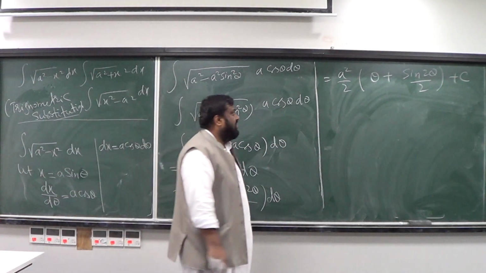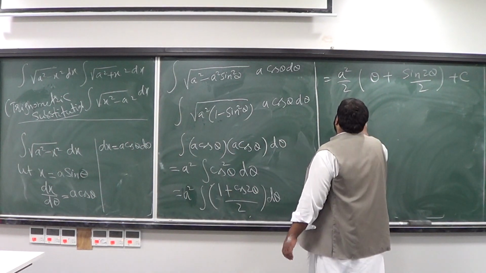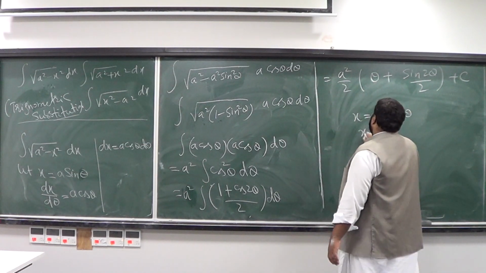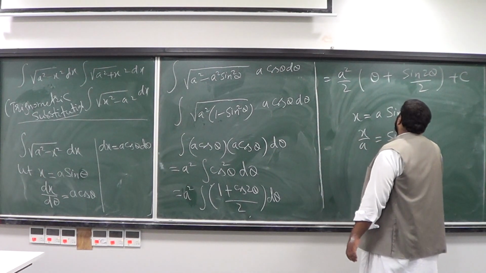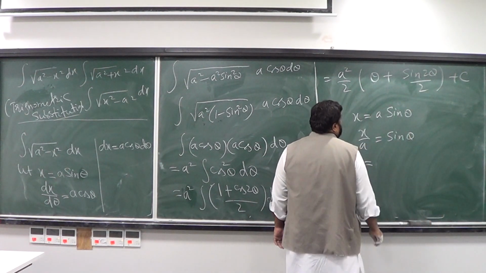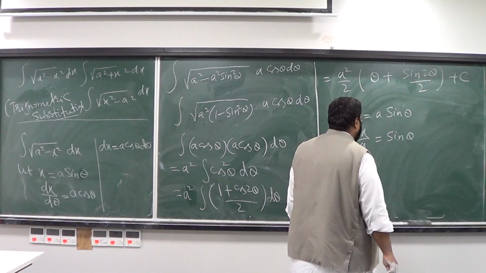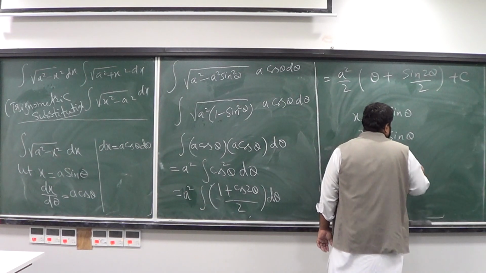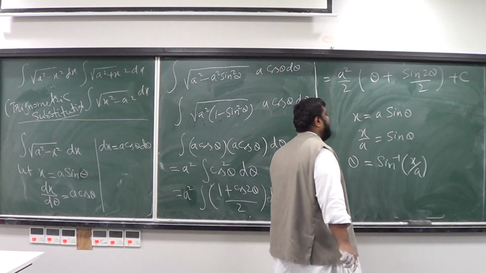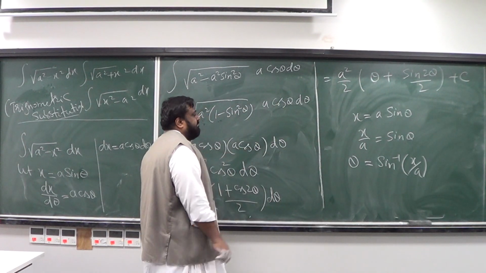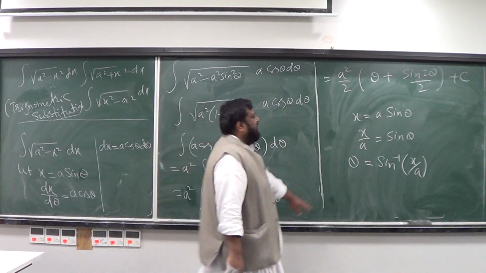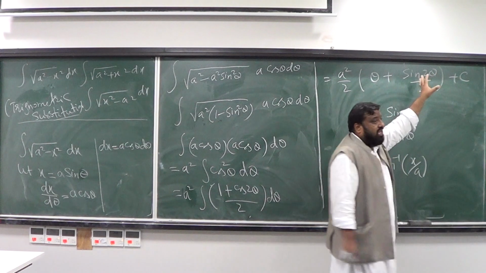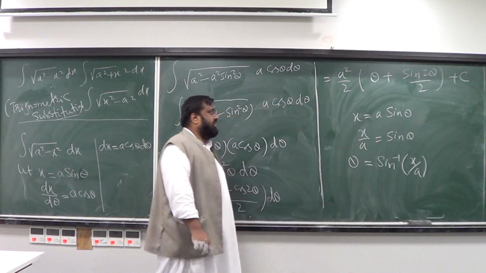So one trick is this: since my x is a sine theta, therefore x over a is going to be sine theta, and therefore theta is going to be sine inverse x upon a. Then wherever you have theta, just substitute sine inverse x upon a, and that is going to be your answer.